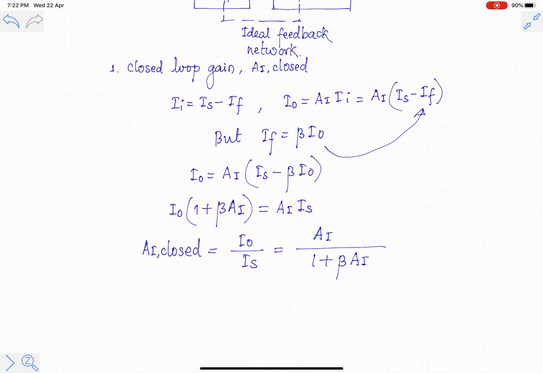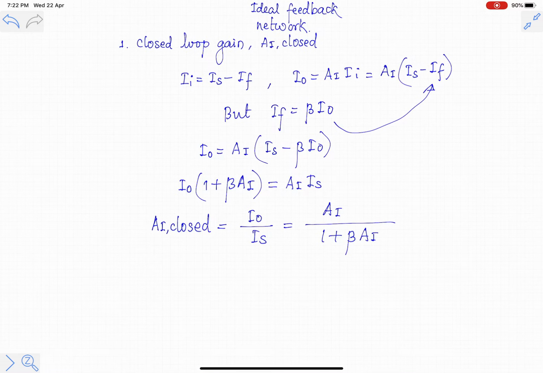So the closed loop gain in the ideal feedback network is AI divided by 1 plus beta AI. This is the expression for the closed loop gain with feedback, but the feedback network doesn't load the input and output side of the feed forward amplifier.